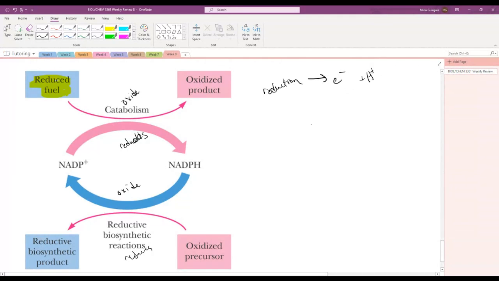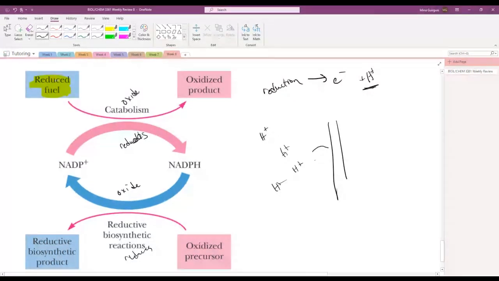These two together, or I should say it's mostly the proton, help us power what's called a proton motive force. Okay, and it's using the concentration gradient that's going to be formed with a ton of H plus being released on one side of a membrane, and then the other side having nothing.